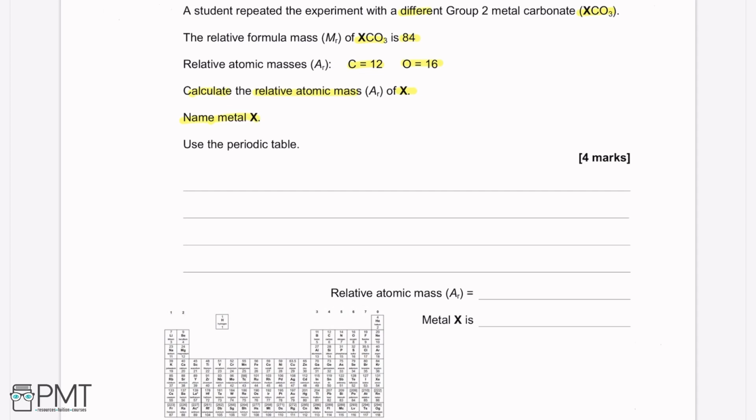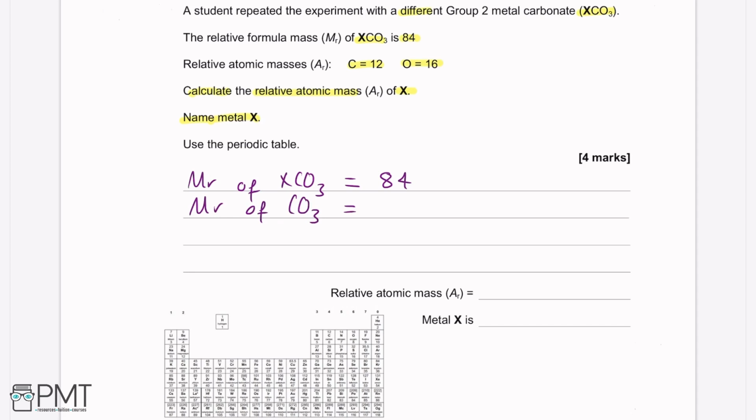So, what do we know? Well, we know the Mr of XCO3 is 84. Now, I'm going to work out the Mr of just CO3.